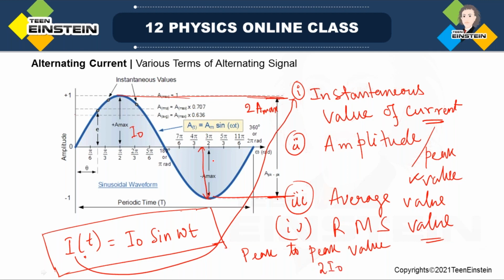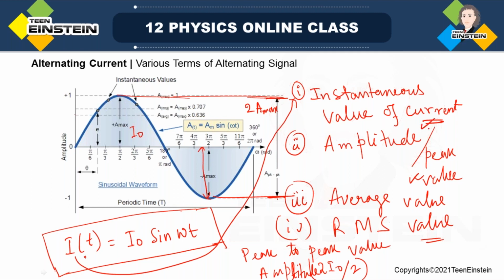So if you want to know what the amplitude is, then you have to divide by 2. Peak to peak by 2 is amplitude. Peak to peak value divided by 2 will be the amplitude of the signal.